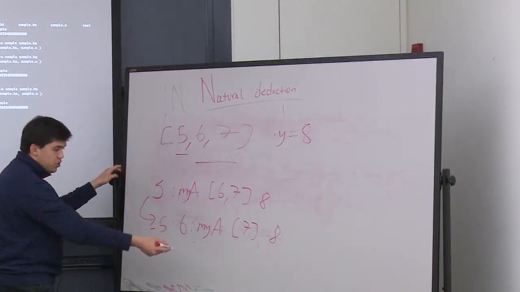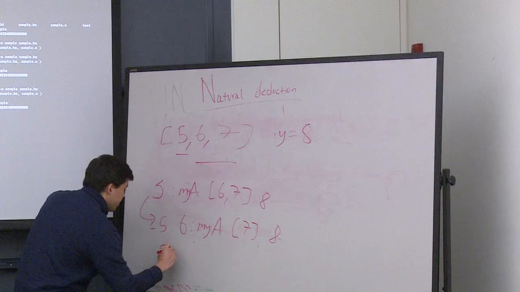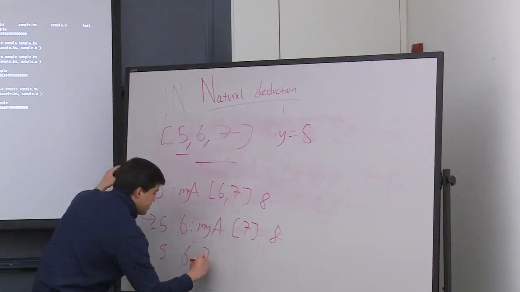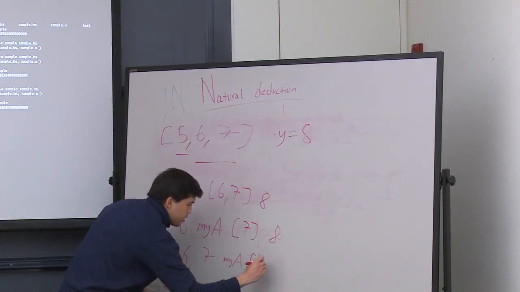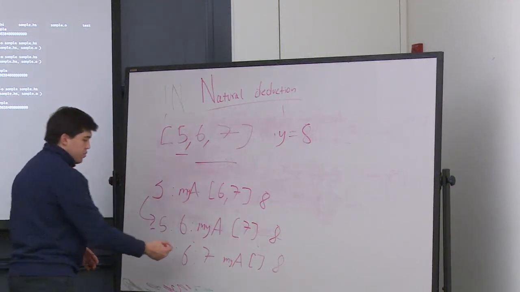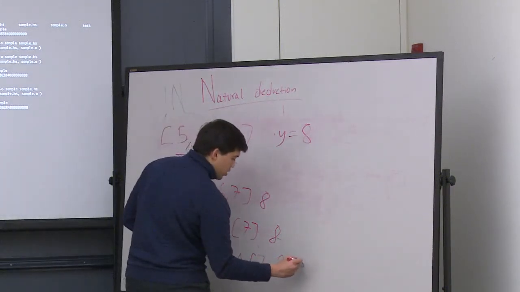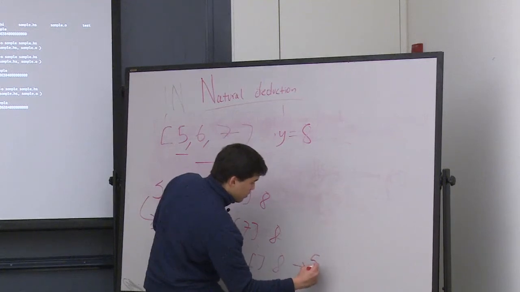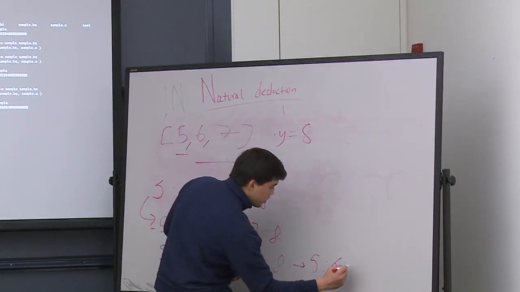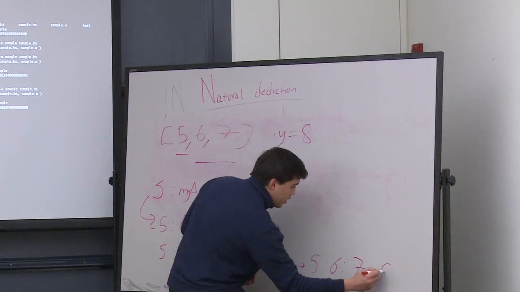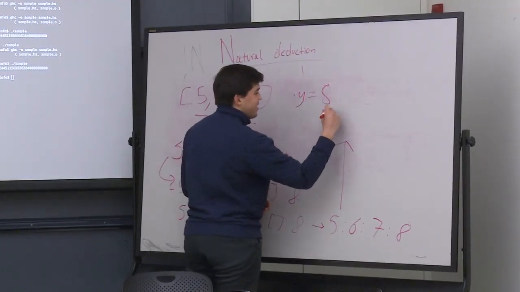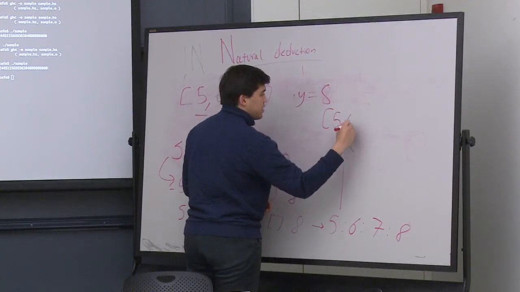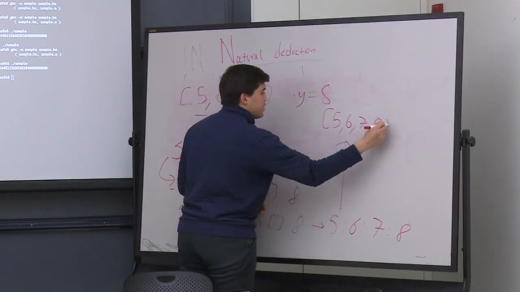And what would this go into? This would go into 5, 6, 7, and then my append, empty list, 8. And finally, this would result in 5, 6, 7, and 8. And what does this give us at the end? 5, 6, 7, 8.